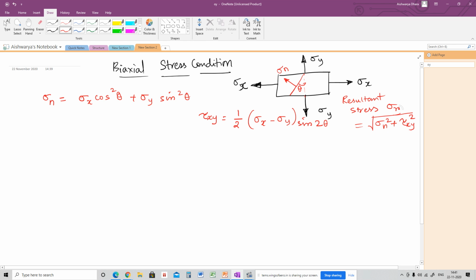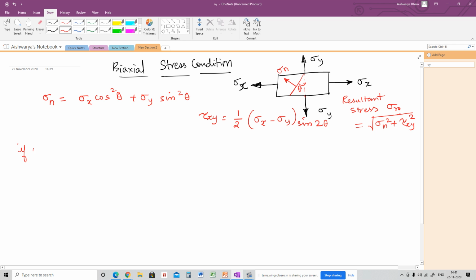If they ask in a question to find out the resultant stress, then you will know the values of sigma x, sigma y and theta. From that you will substitute the values of sigma n and tau xy, and from that you will get your resultant stress. Okay, now let's come to that.